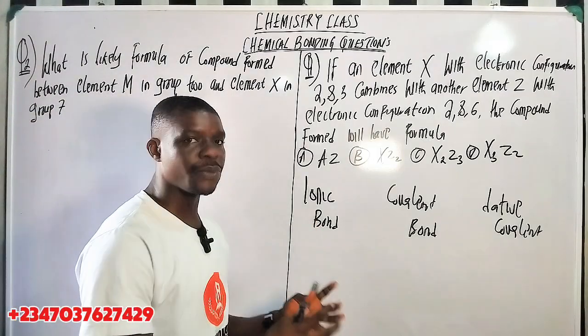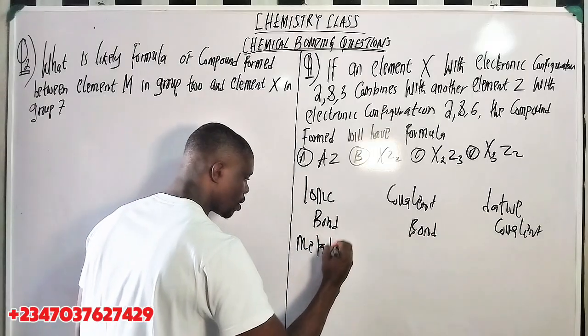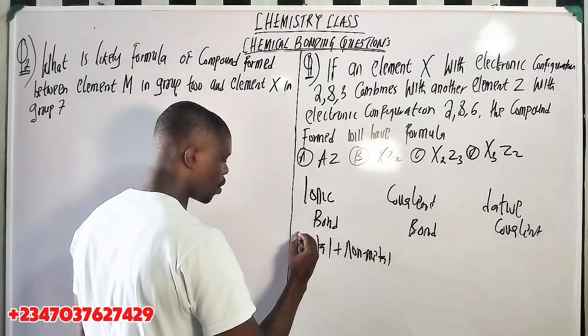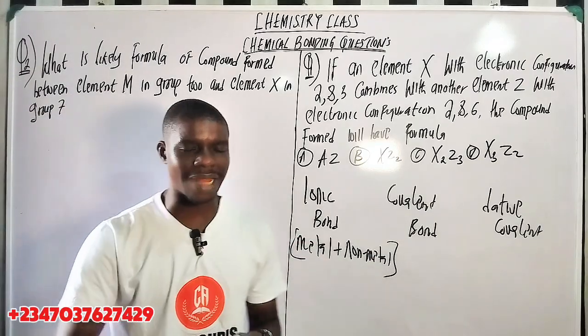Now, the ionic bond is formed between a metal and a non-metal. So ionic bond is formed between metal plus non-metal.